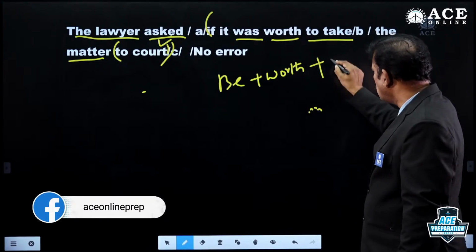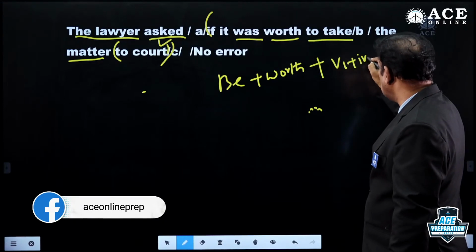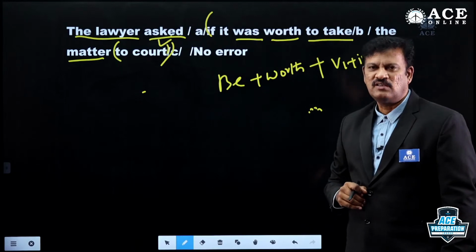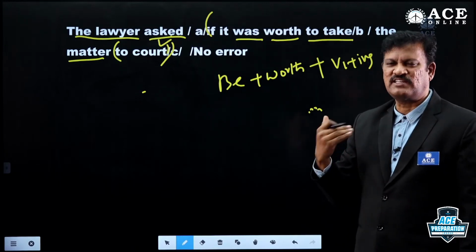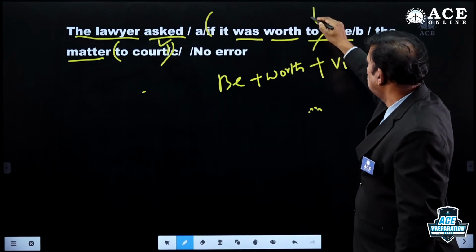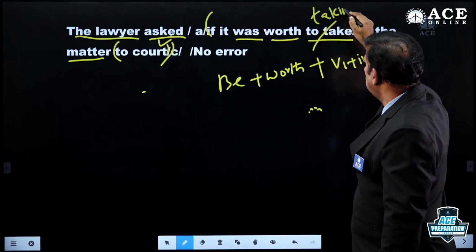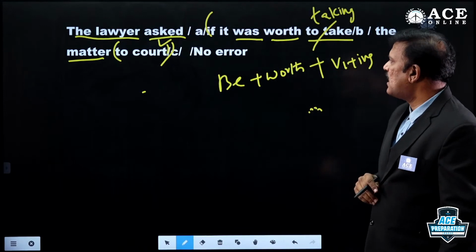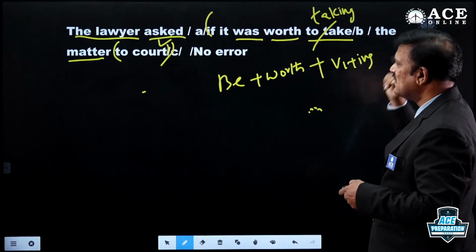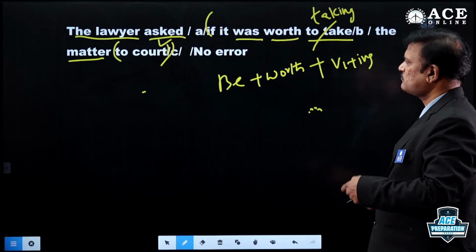After that you have to use V1 plus ing form. How's the movie? Is it worth watching? That's what we generally use in our regular conversation. So after worth, the lawyer asked if it was worth taking the matter to court.